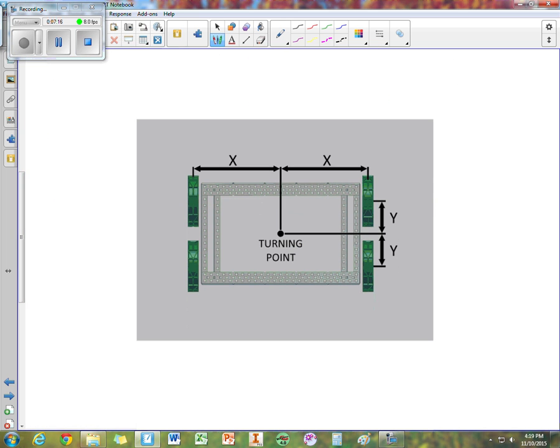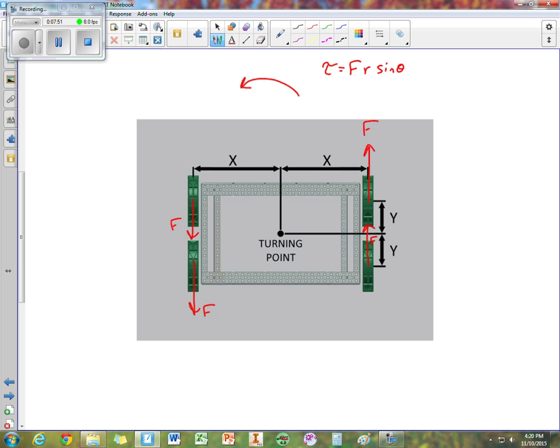So here's our diagram, and let's say I want this to make a counterclockwise turn. That means that each wheel on the right side would need to apply a force going this direction, and these wheels would need to apply a force going that direction. So looking at that, we can figure out how much torque it is in the turn. Remember that torque is force times lever arm distance times sine of theta.